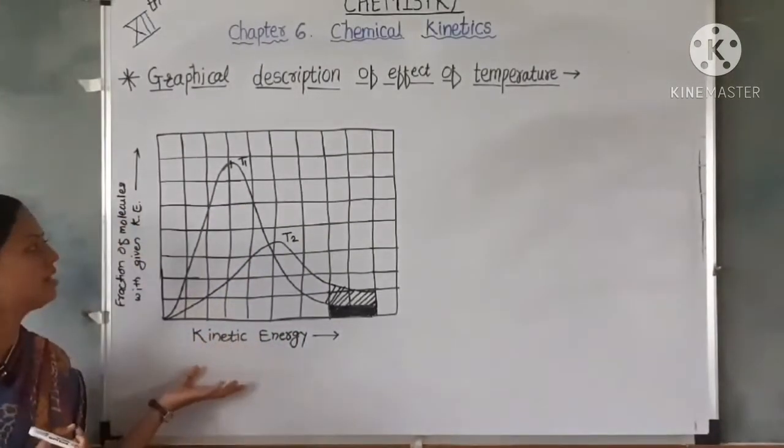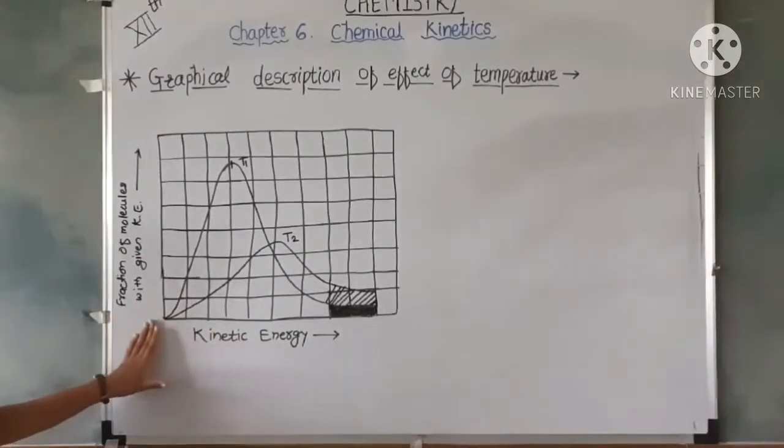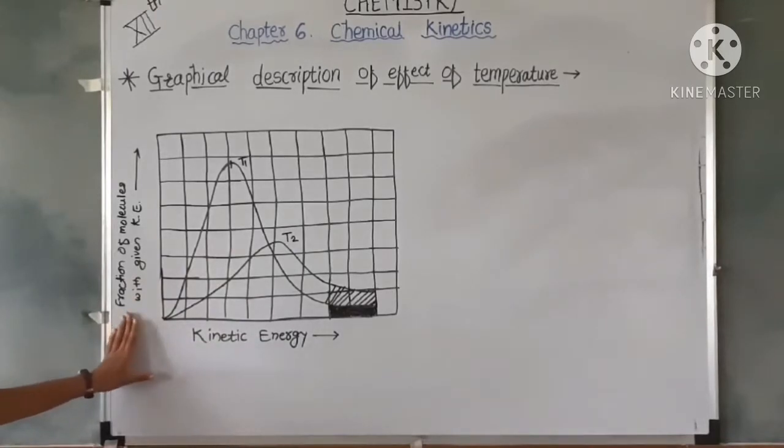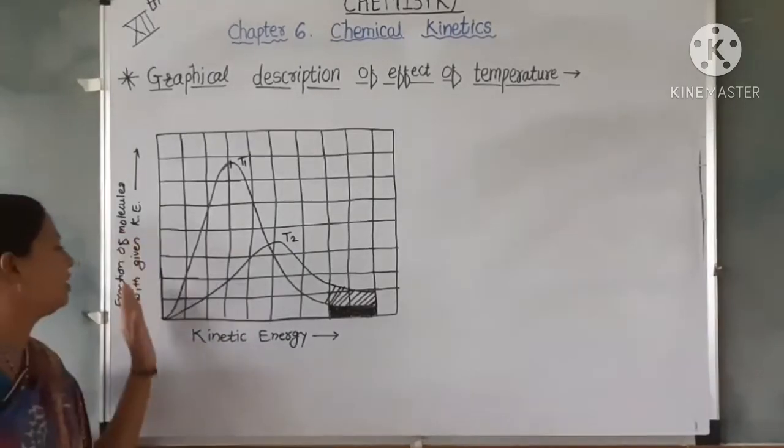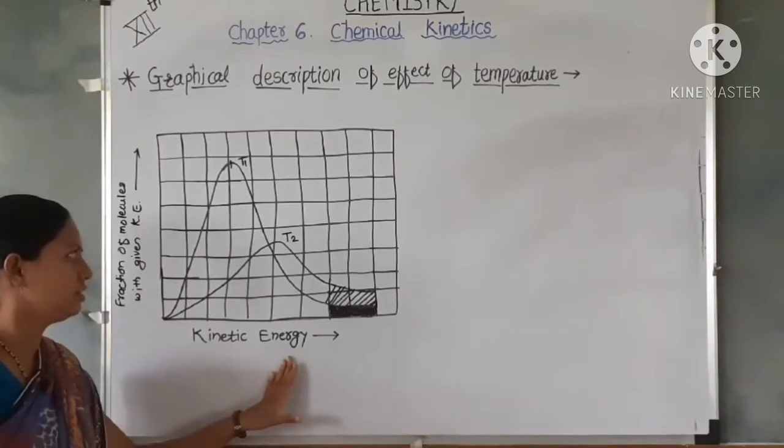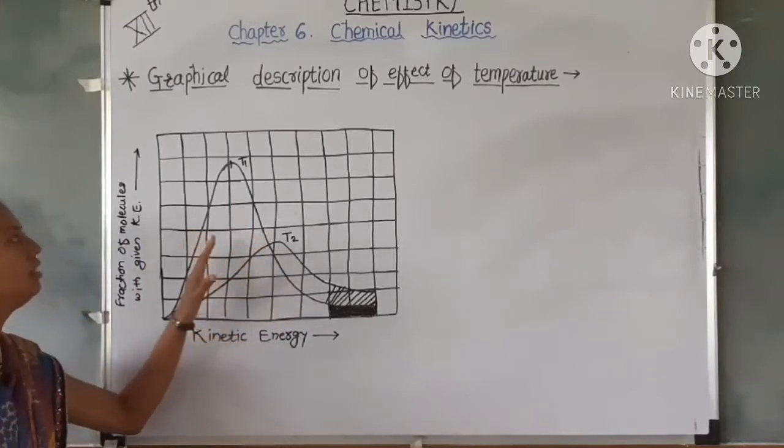For better understanding, let us plot the graph of the fraction of molecules with a given kinetic energy against kinetic energy at temperatures T1 and T2.